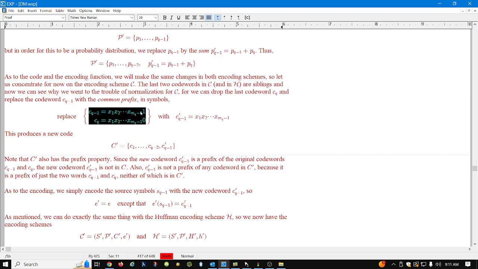They're the same length, and they're the same except in the last bits. And for H prime, they would get replaced by this version, the H version. So this would be H, Q minus 1 prime, and so on.